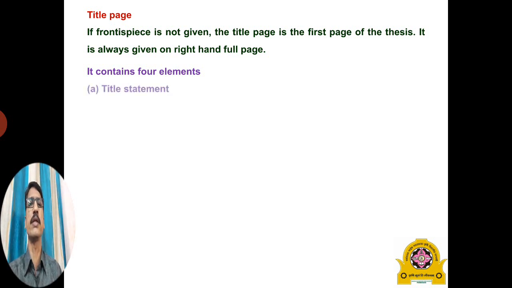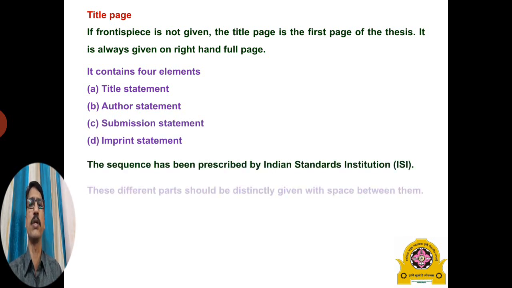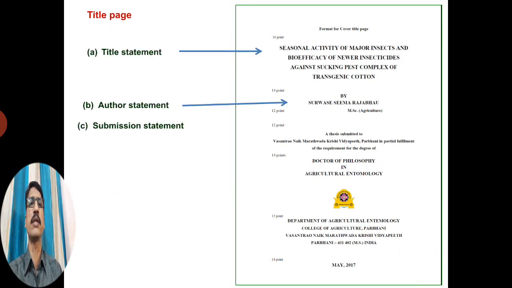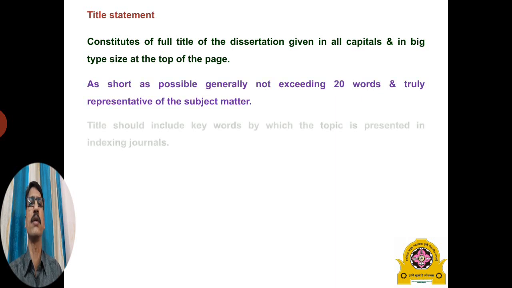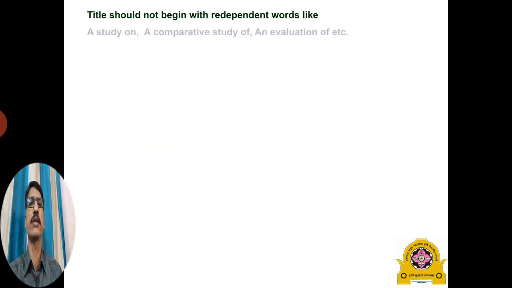It contains four elements: the title statement, author statement, submission statement, and imprint statement. Then we studied each and every detail of each part. How we write the title of the thesis and what precautions we follow, we learned in the last lecture.